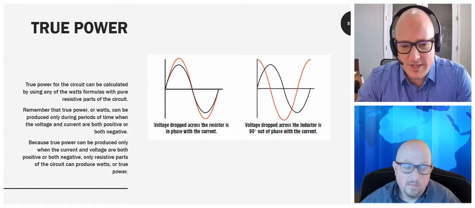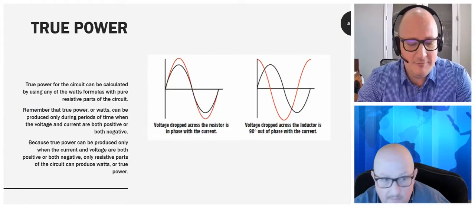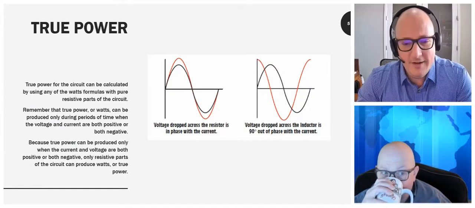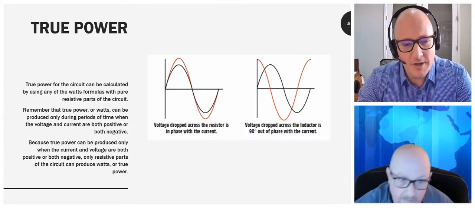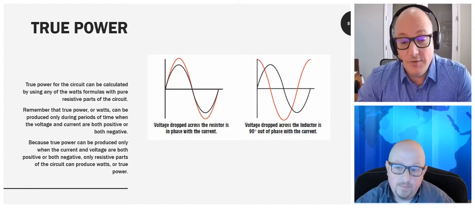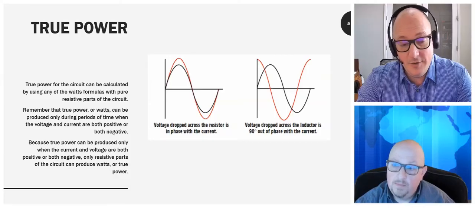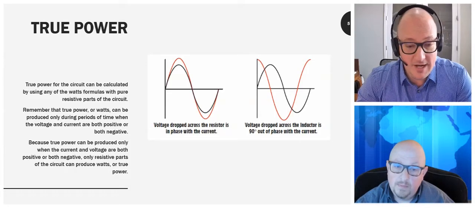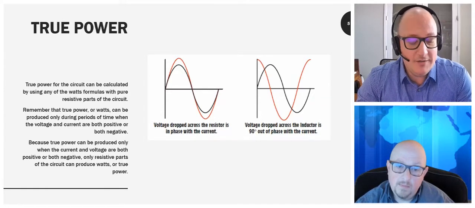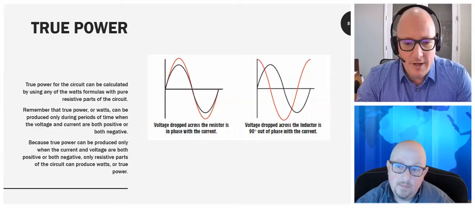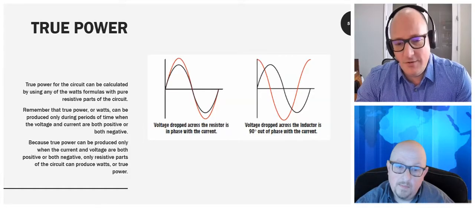Voltage and current stay in phase with each other, again mathematically explained. On the next slide, we can go a little further into detail, but when both voltage and current are in either the positive or negative side of that sine wave, running along that horizontal time axis, the product is true power. Now you get leading and lagging, like what's on the right.